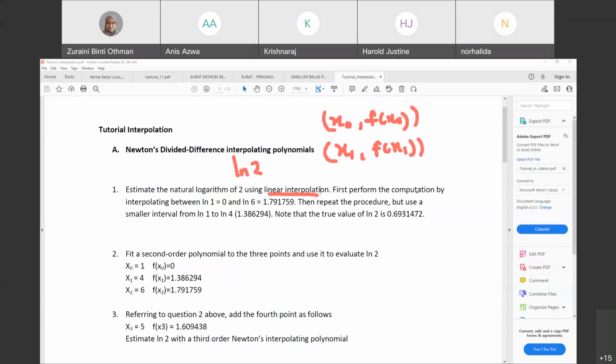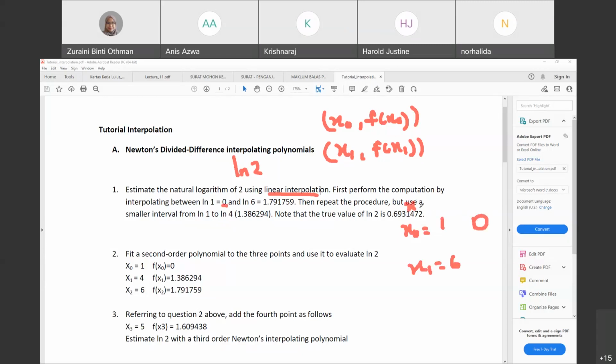Okay, first perform the computation by interpolating ln 1 and ln 6. Bila dia kata ln 1 and ln 6, meaning that here our x0 is equal to 1 and our x1 is equal to 6. And f(x0) kita ialah ln 1, ialah kosong. Ln 1 ni kosong kan?